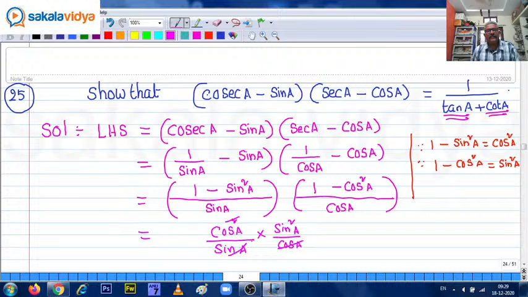Sin square A by sin A is sin A. So this equals sin A cos A. This is the left hand side, say equation 1.